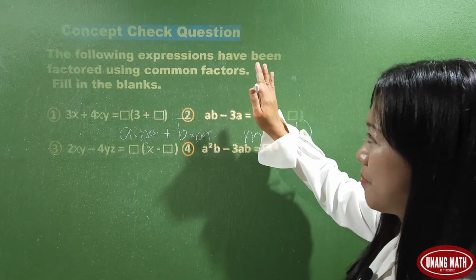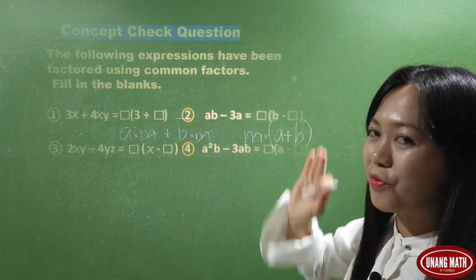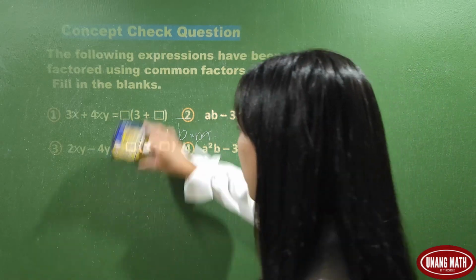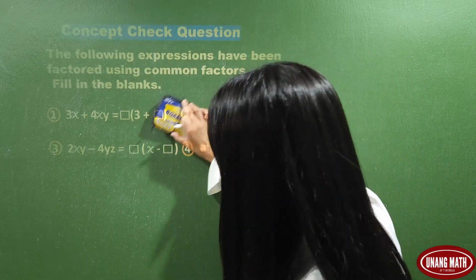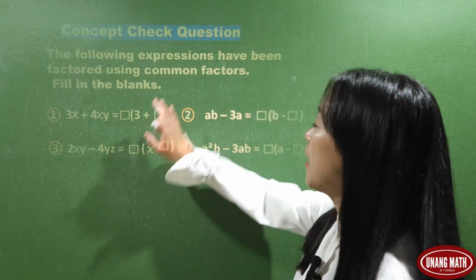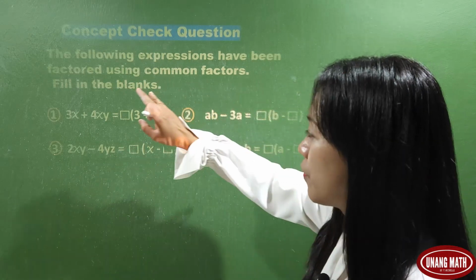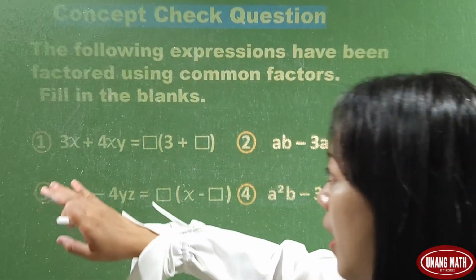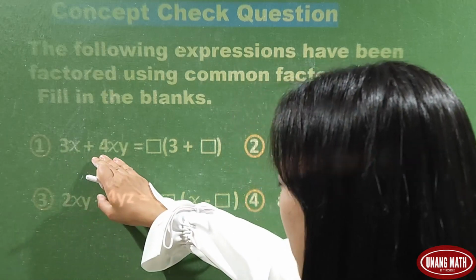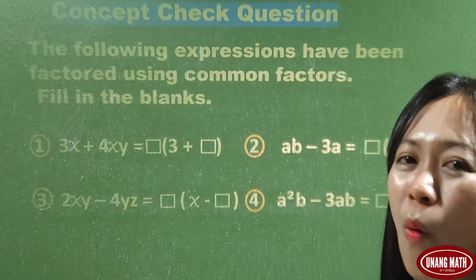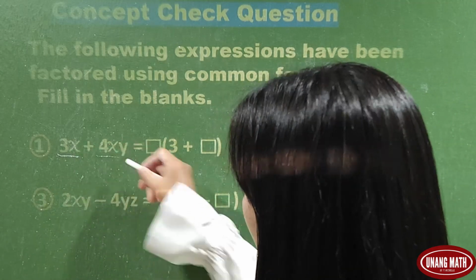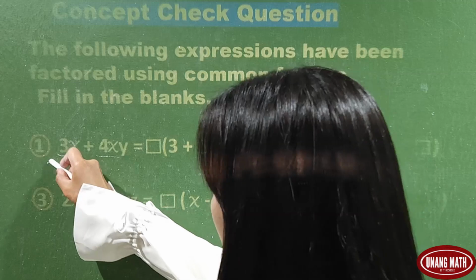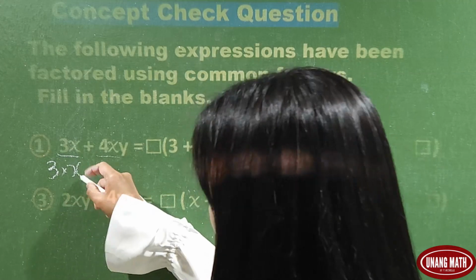Okay, let's give more examples by answering this concept check question. The following expressions have been factored using common factors. We will fill in the blanks. First, we have 3x plus 4xy. This is our first term, and this is our second term. 3x means 3 times x.